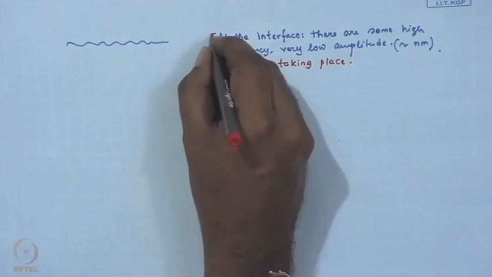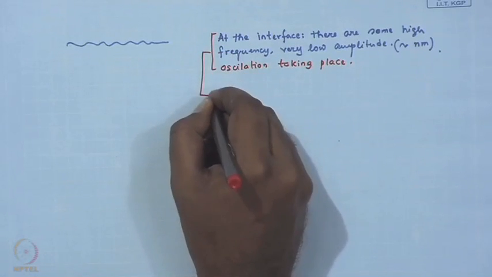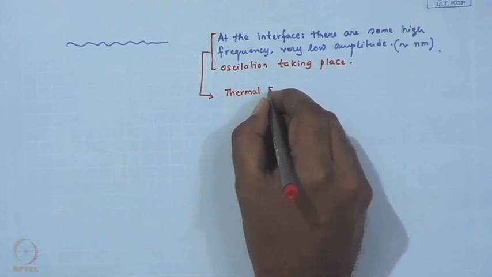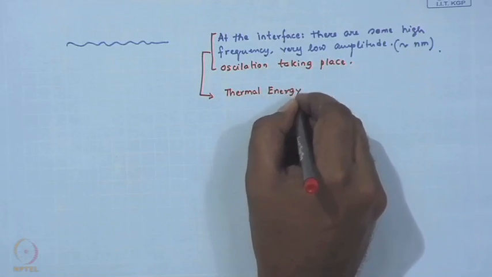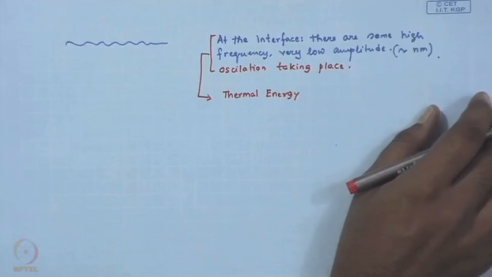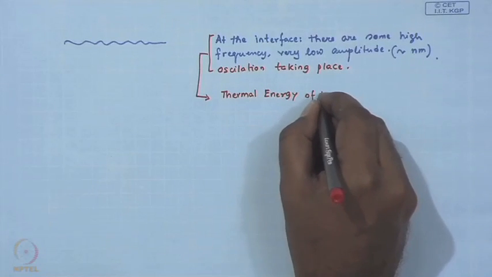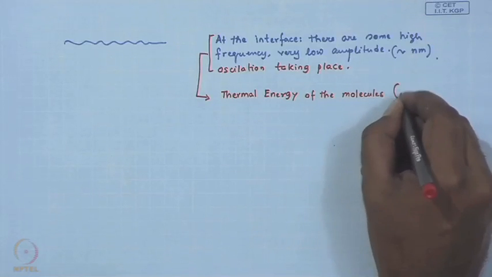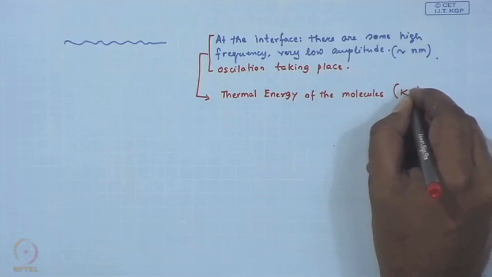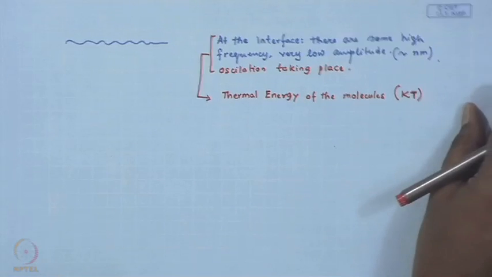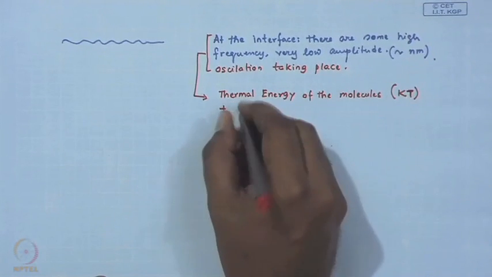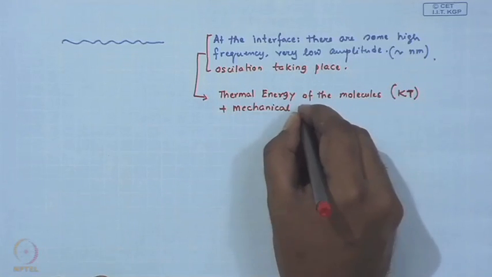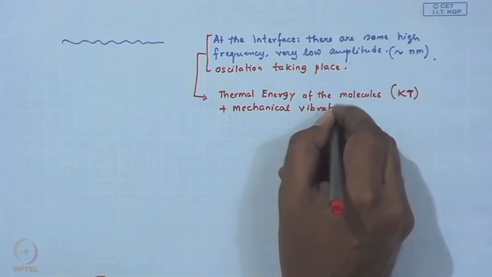These oscillations are attributed to the thermal energy or thermal motion of the molecules, which is related to the kT component of energy, where k is the Boltzmann constant, as well as some mechanical vibrations under real settings.